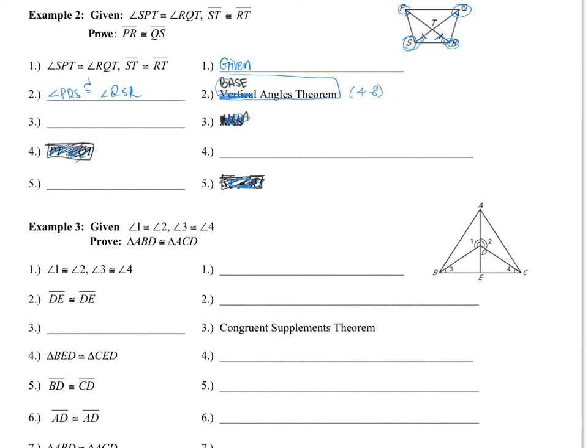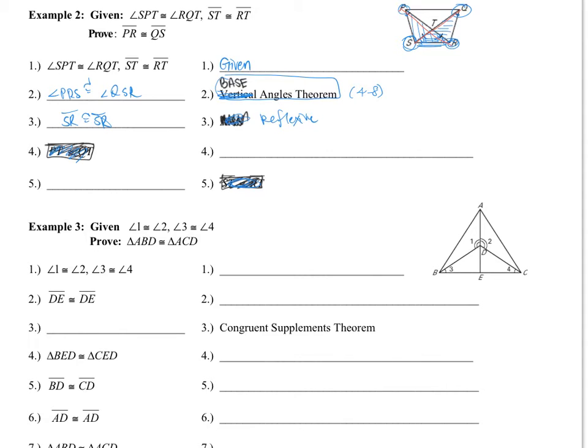And for the next step, I can state that SR is congruent to SR by the reflexive property, because right now my goal is to prove this triangle congruent to this triangle, because I want to prove PR congruent to QS.